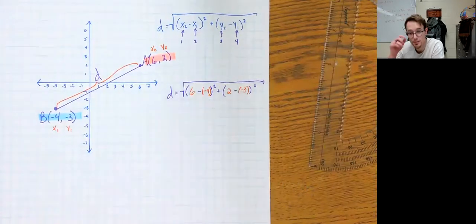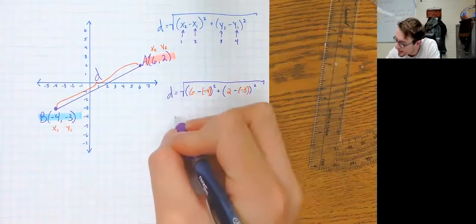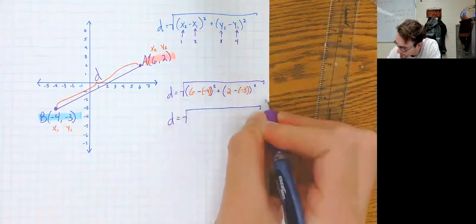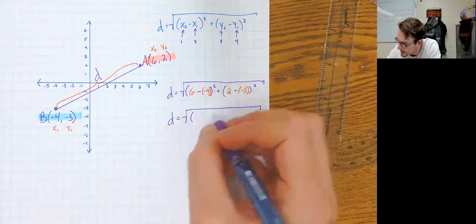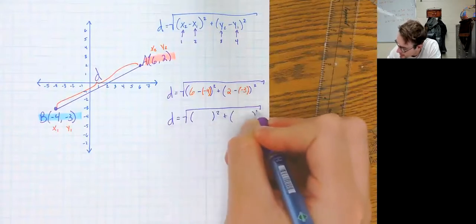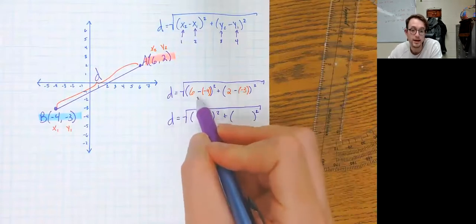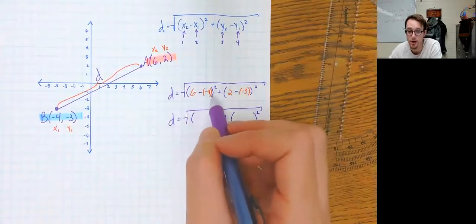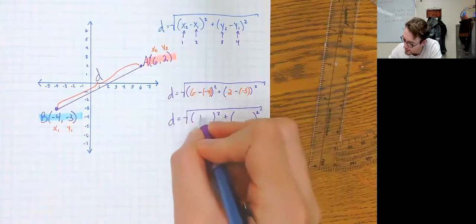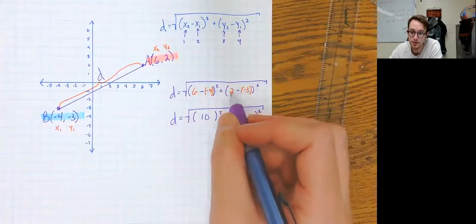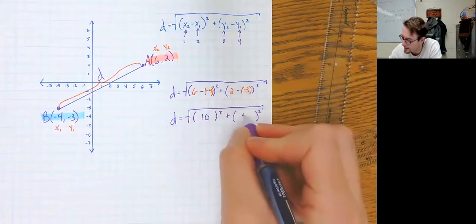Now I begin to simplify. So I get d equals the square root of all this jazz squared plus all this jazz squared. Well, what is 6 minus a negative 4? Well, first off, a double negative becomes a positive, so 6 plus 4 is 10. And then we got another double negative over here, so 2 plus 3 is 5.